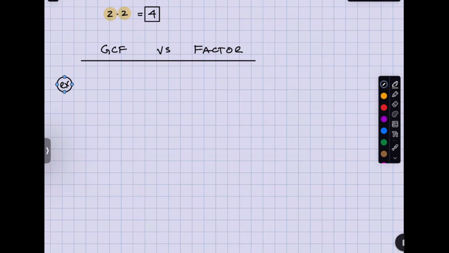So let's do an example. Let's say I got x to the 5th, y to the 4th, z to the 4th, minus y squared, z to the 4th, plus xy squared, z squared.